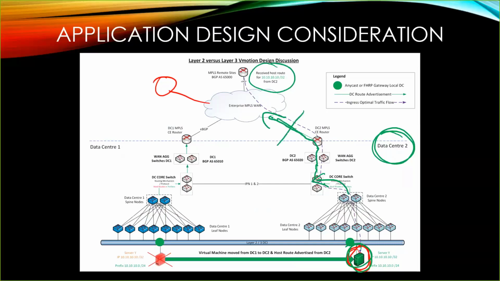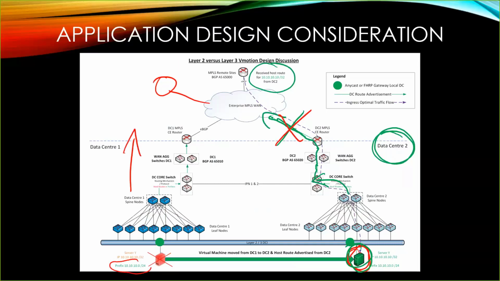Well, that's a terrible colour. Let's say that this circuit went down. How would we get to 10.10.10.10? Well, we would still receive the prefix 10.10.10.0/24 being advertised out of this data center.